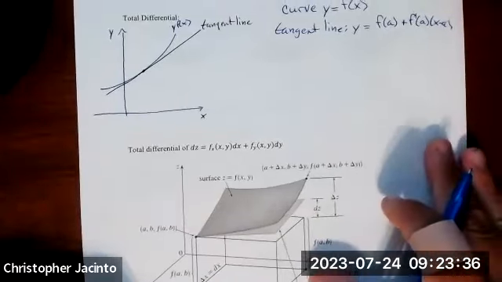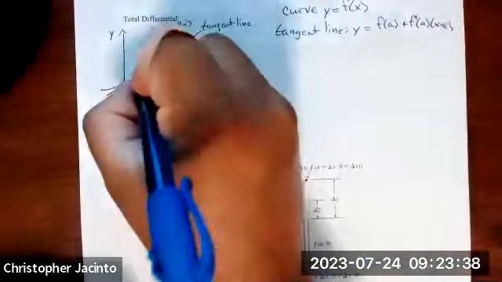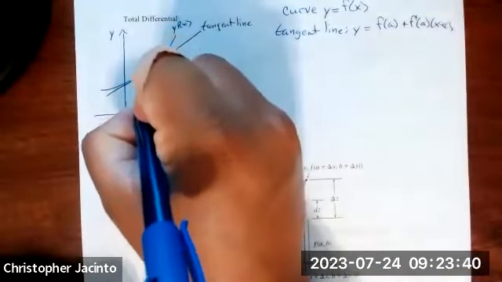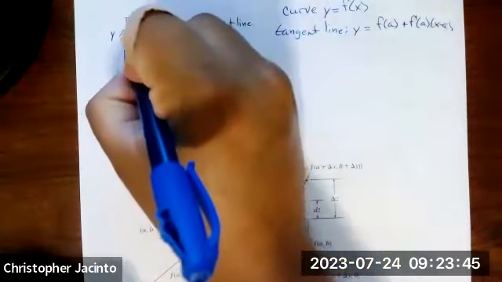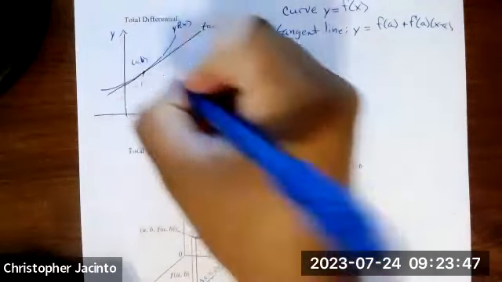All right, so let's see what's actually going on here. So here's my point, and the x component is going to be the a value, right? This is a comma b, for instance.